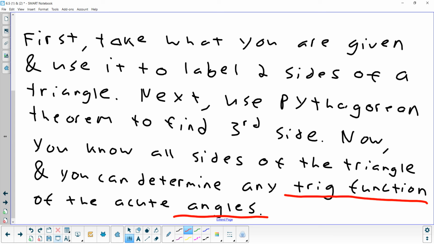So when you're done, all your answers are going to be fractions, like opposite over hypotenuse or adjacent over hypotenuse and so on. We'll practice all 6, but if it was a problem on a test, I would probably only ask you for 1 trig function per problem.